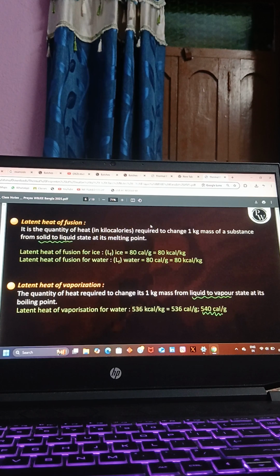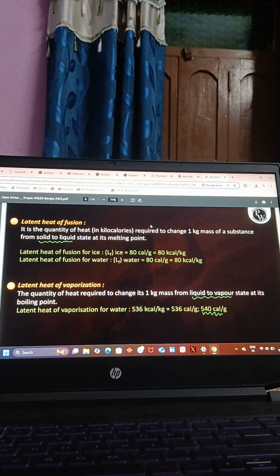Latent heat of fusion for ice is 80 calorie per gram or 80 kilocalorie per kg.